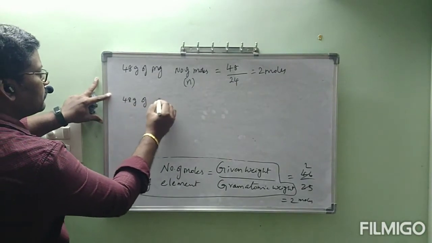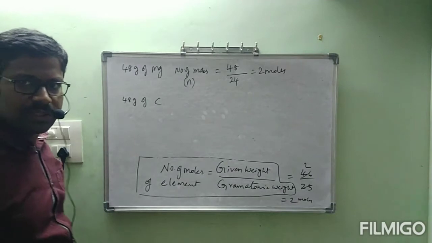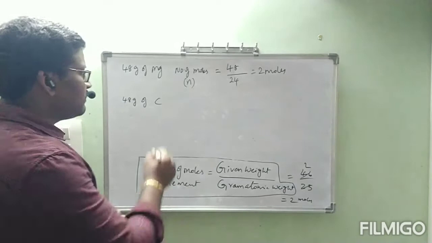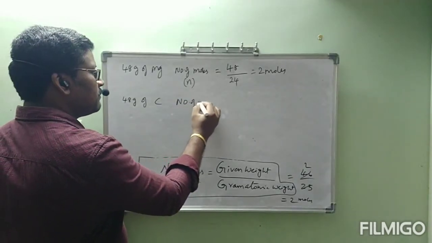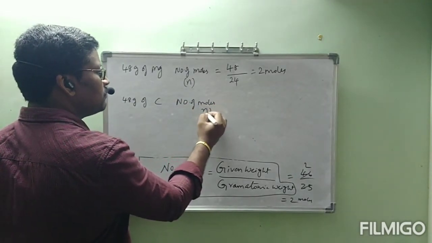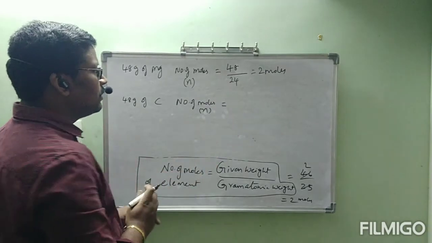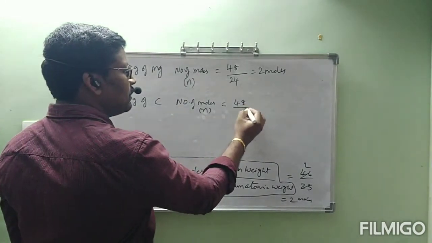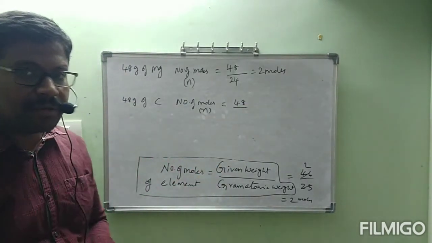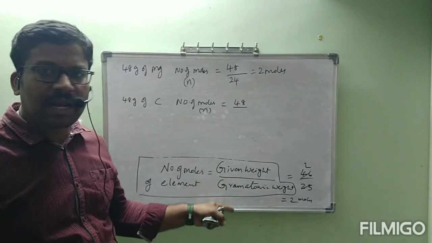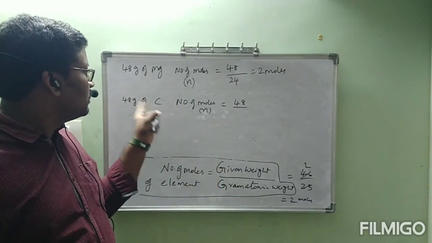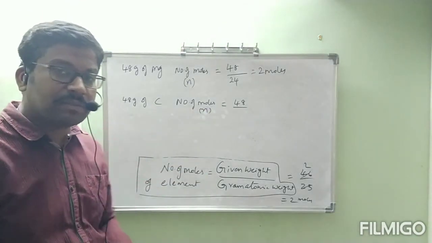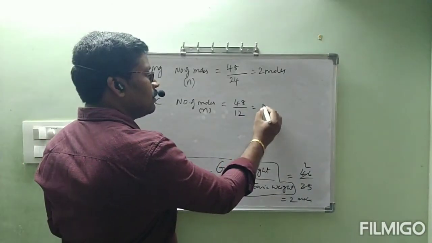48 grams of carbon. They ask: 48 grams of carbon contains how many moles of carbon? Number of moles n is equal to given mass 48 divided by gram atomic weight. The formula is given weight by gram atomic weight. The gram atomic weight of carbon is 12 grams. So 4 moles.